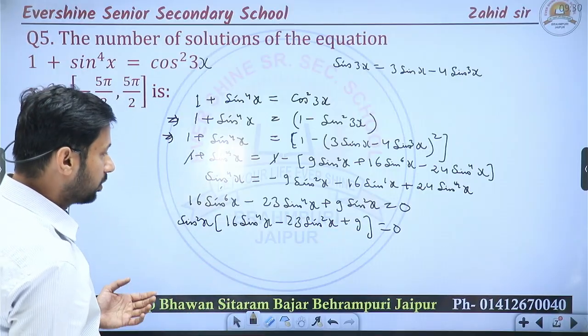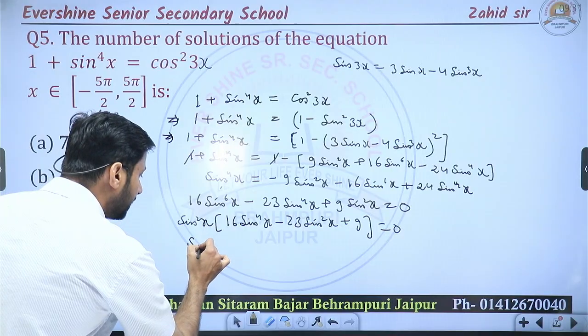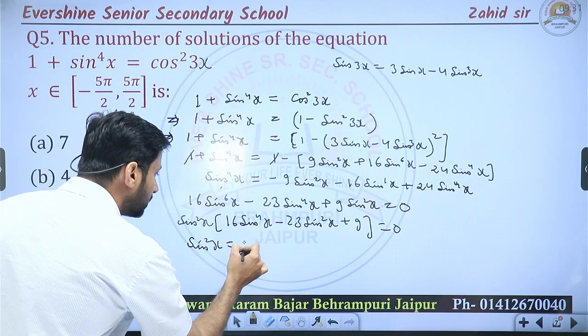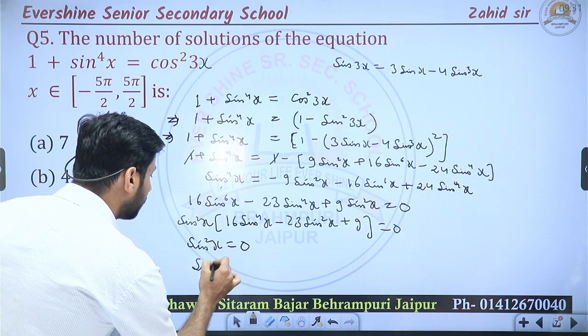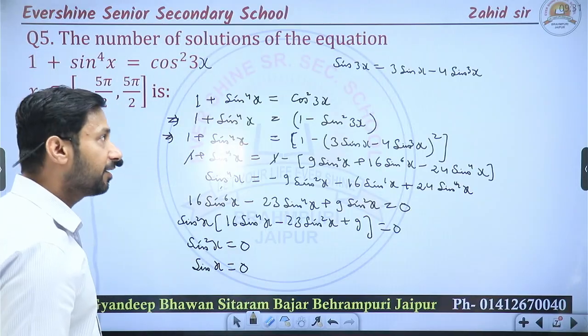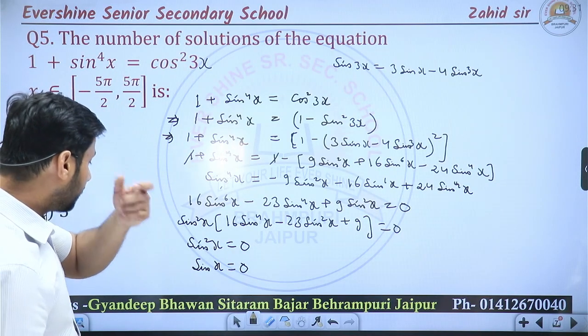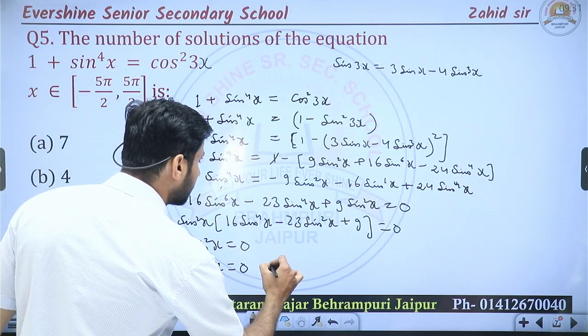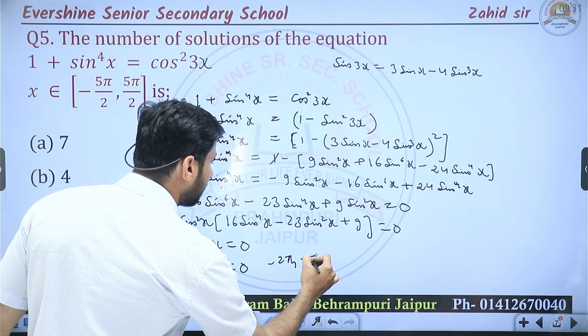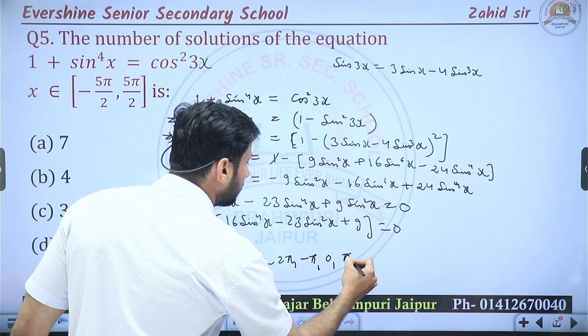If I put sin square x equal to 0, I know sin is 0 whenever it is a multiple of n pi. So we will find the values between minus 2 pi to 2 pi. So that will be minus 2 pi, minus pi, 0, pi and 2 pi.